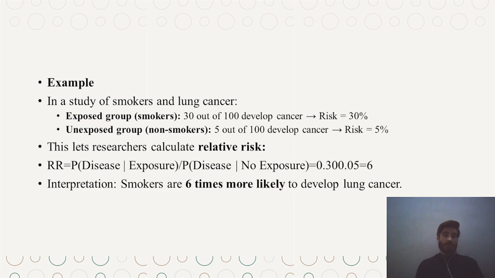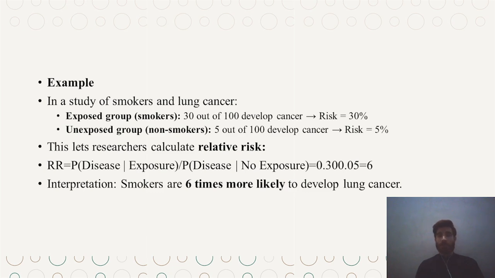Now this is the example for risk calculation. In a study of smokers and lung cancer, there is an exposed group and an unexposed group. In the exposed group, 30 out of 100 developed cancer, and in non-smokers, 5 out of 100 developed cancer. So the risk in exposed is 30%, and the risk in non-exposed is 5%.